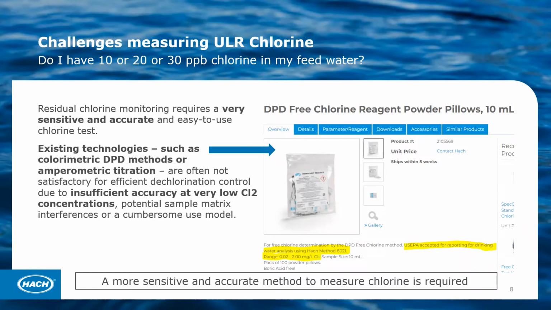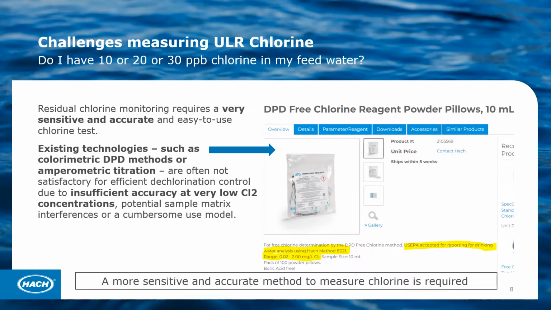But if your goal is to have zero chlorine after dechlorination, you need to be aware that the DPD test you're running may only go down to 20 parts per billion. And at that level, we're at the low end of our detection range.